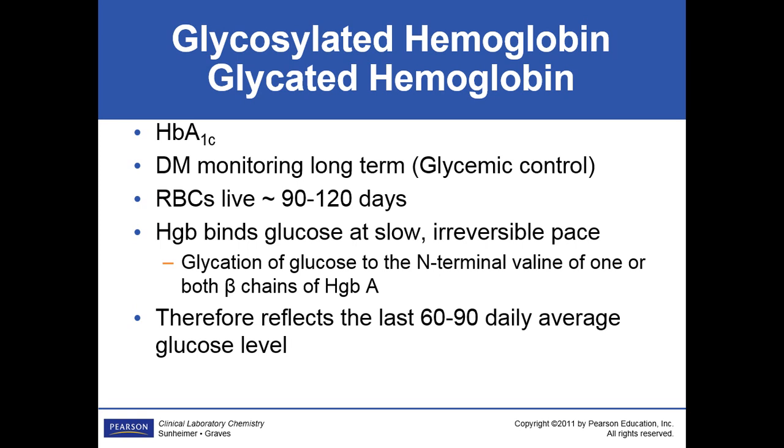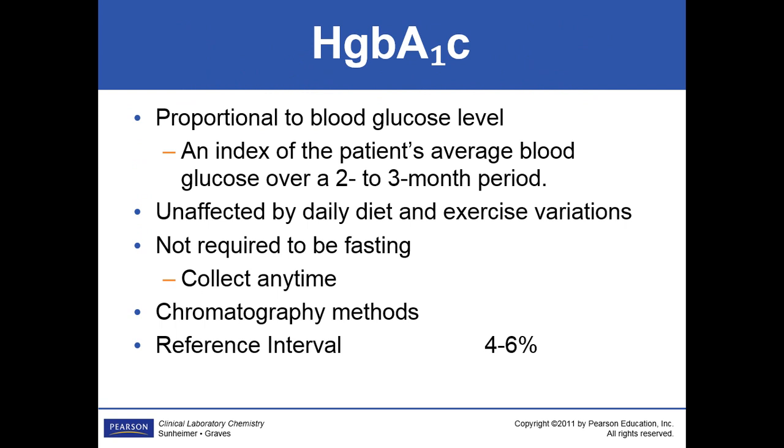Okay, and we do this in chemistry generally. And mostly we're giving them a percent of the total. 4 to 6% is what an average normal person would be. However, that's what the literature says. I haven't done hemoglobin A1Cs in this area, but where I came from, that was too low.